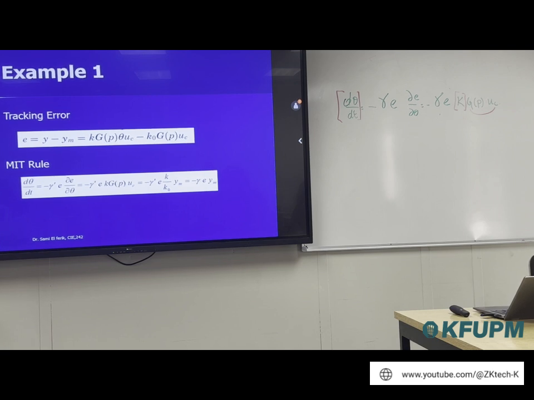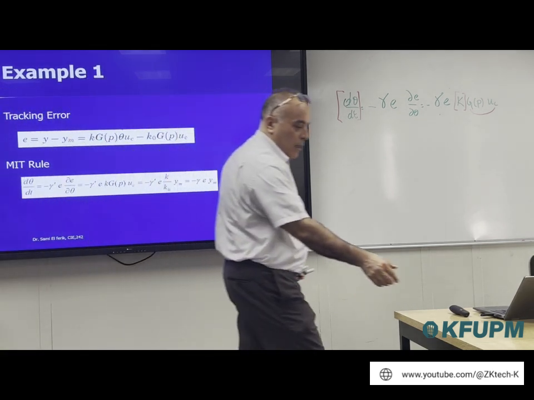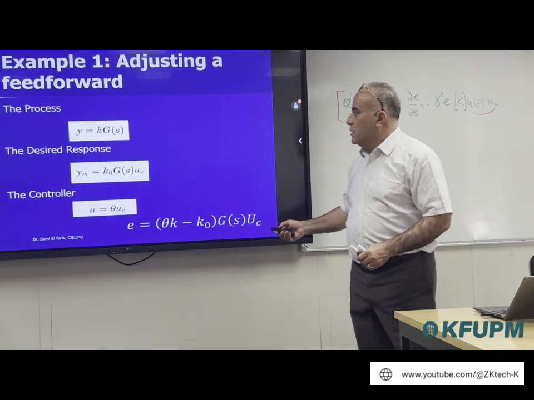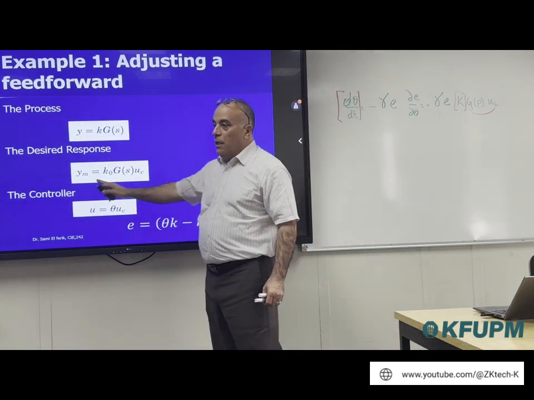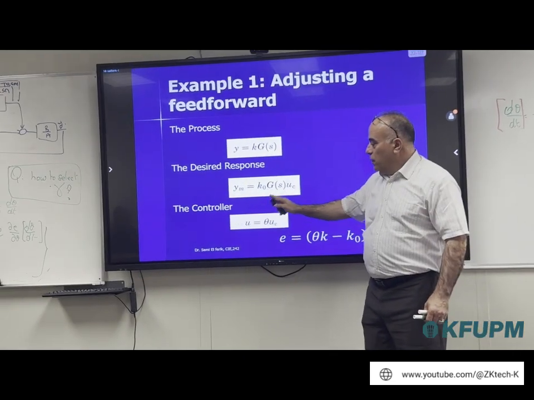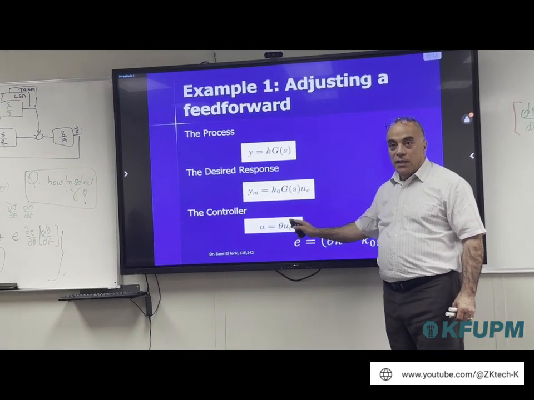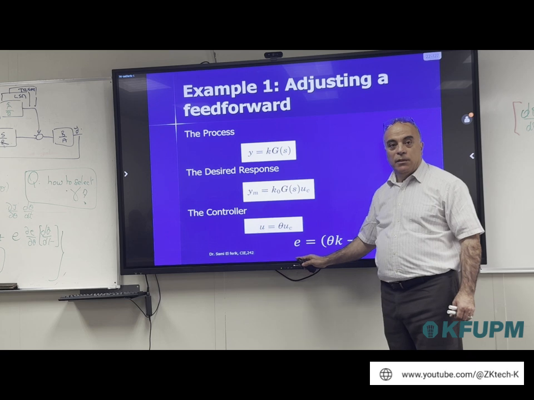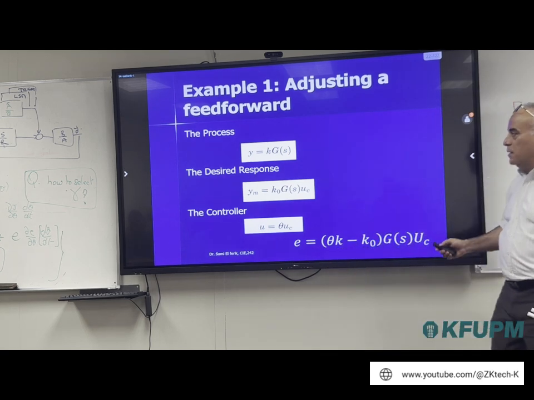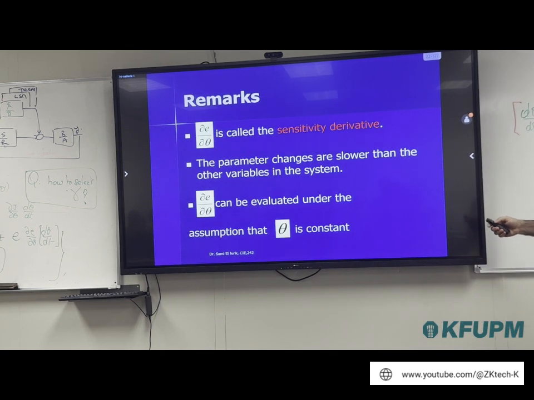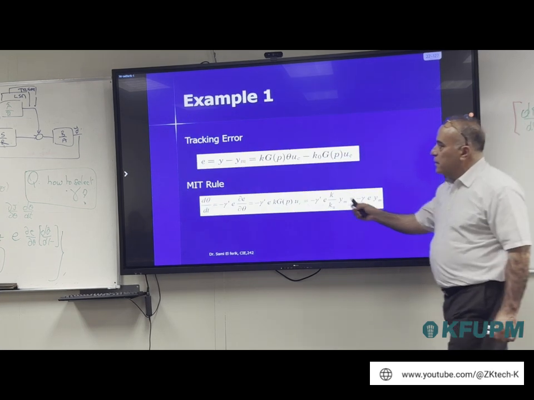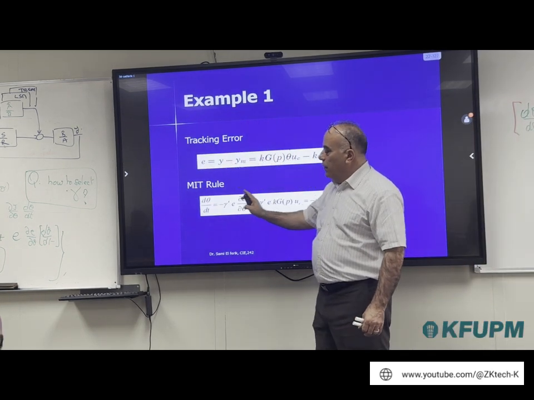So if I repeat what we did, we first of all put the output y. So this is our system here. Then we put our reference model. Then we selected the structure of the controller. The structure of the controller is theta multiplied by UC. It could be any other structure. You will see different structures. Then after that, I computed the error. Then I implemented the rule.